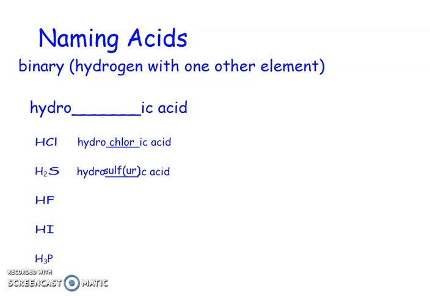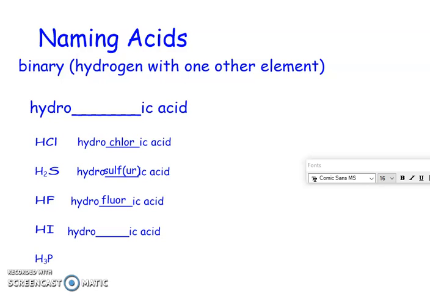HF, hydro, root word. The root word of fluorine would be fluor. So hydrofluoric acid. HI would be hydroiodic acid.